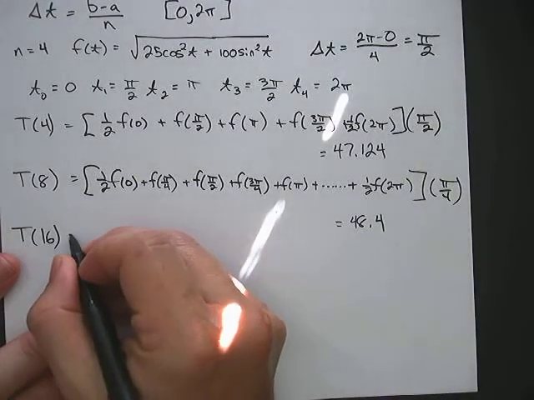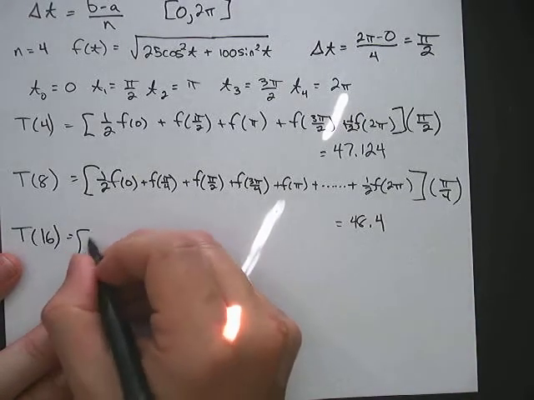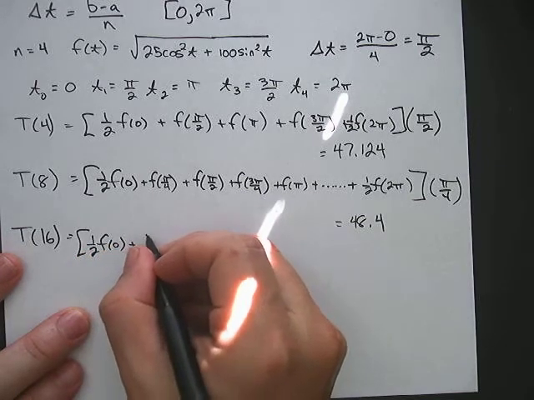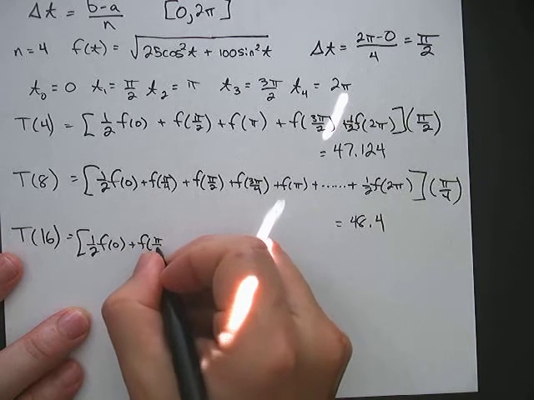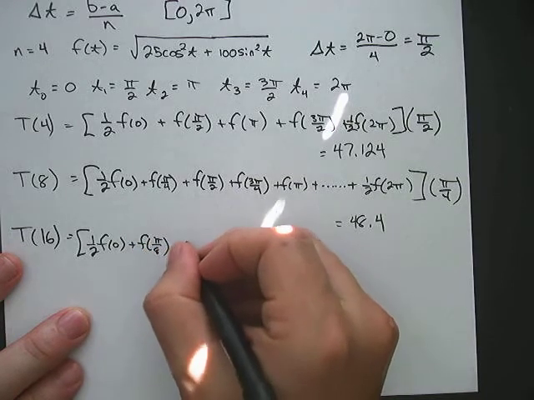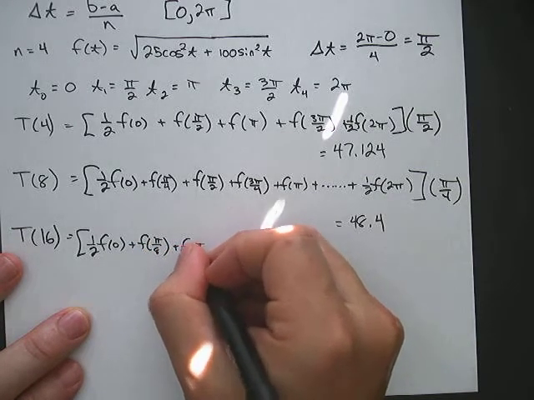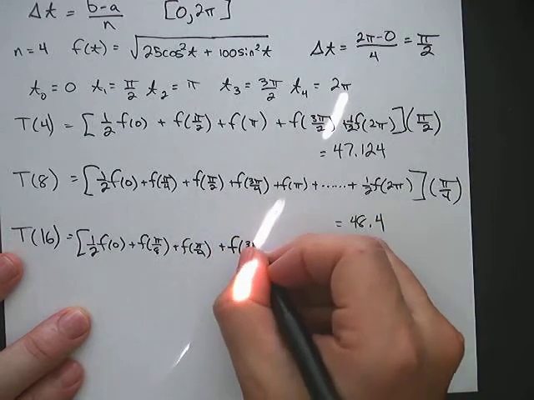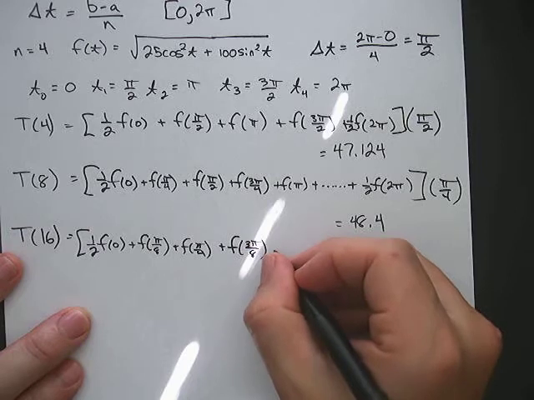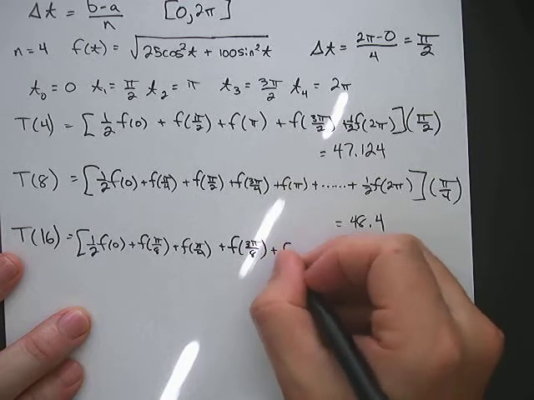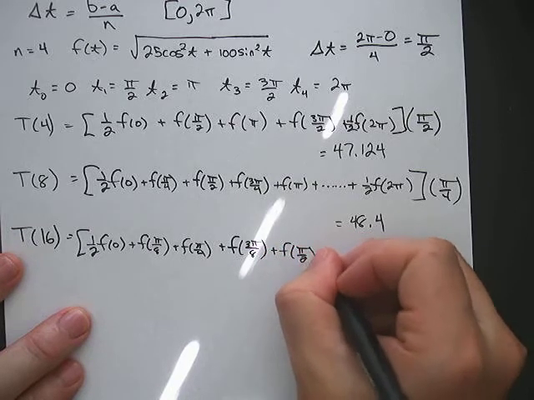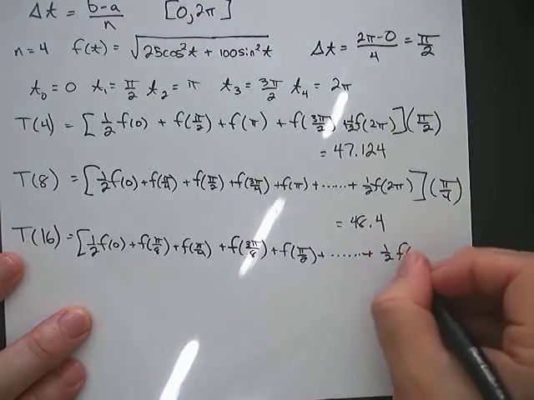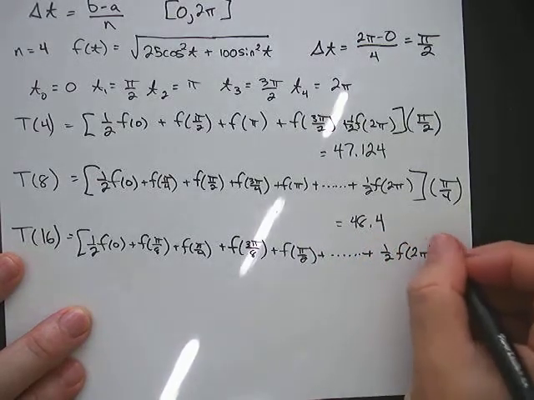Okay, so we would start with 1/2 f of 0, just like last time, but then this one would be f of pi over 8, and then we would have f of pi over 4, and then the next one would be f of 3 pi over 8, and then we would have f of pi over 2. So you can see, I'm just going to put dot dot dot here, and we would still end up with 1/2 f of 2 pi on our last one.